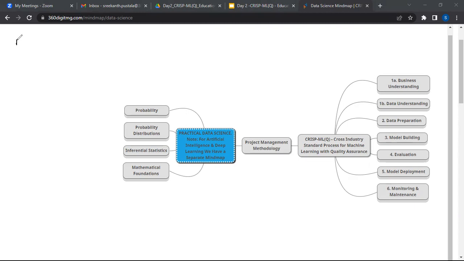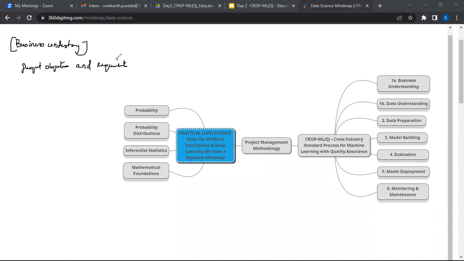So let us first discuss business understanding. In business understanding, it is to understand the project objectives and requirements for the project.